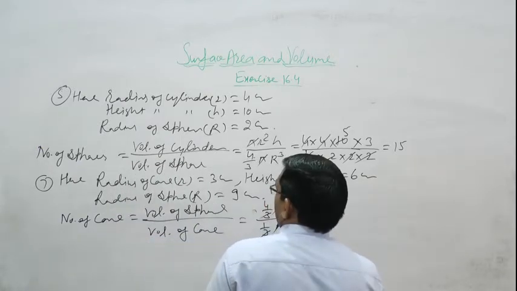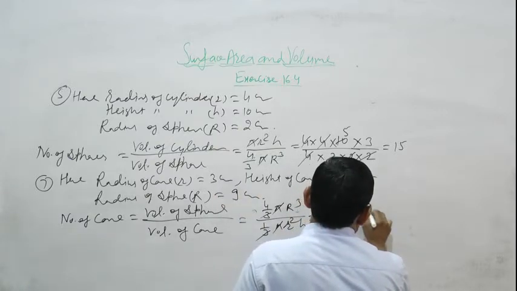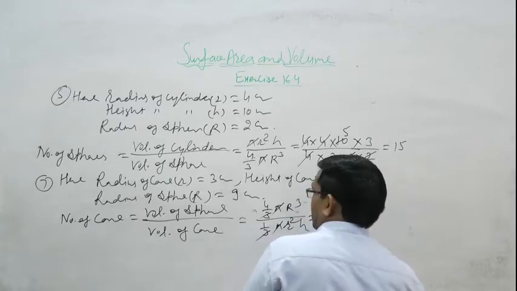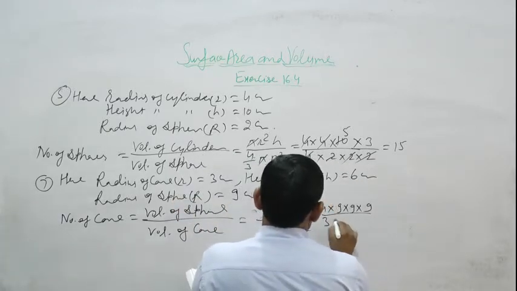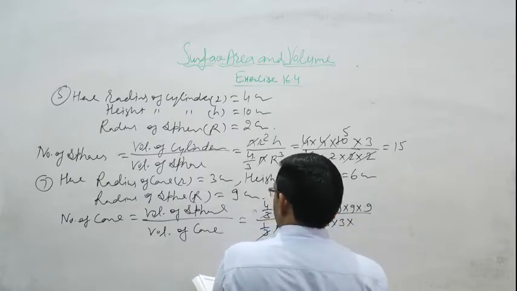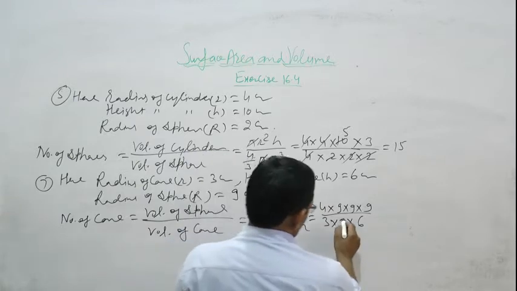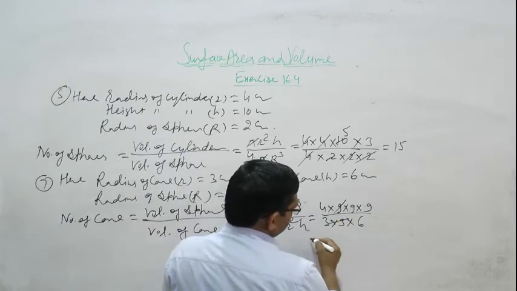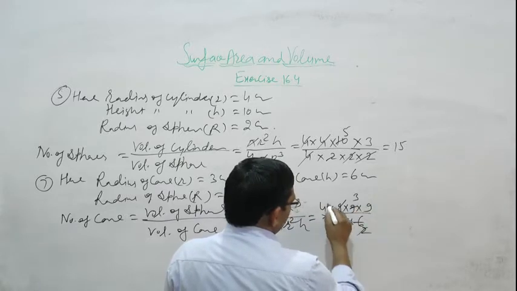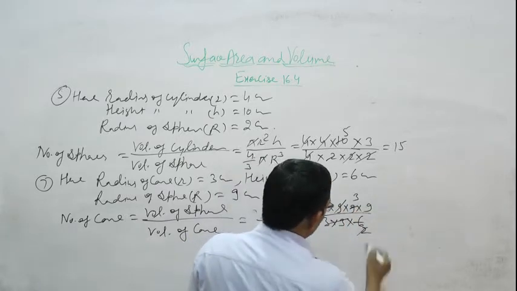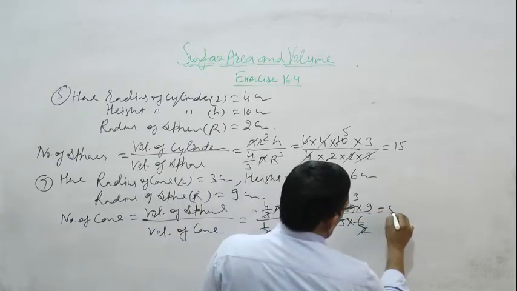So 4 multiply r, it means 9 multiply 9 multiply 9. Then radius of cone 3 multiply 3 multiply h, h is 6. So 3 3s are 9, then 3 2s are 6, 3 3s are 9 and 2 2s are 4. So 9 3s are 27, 27 2s are 54.